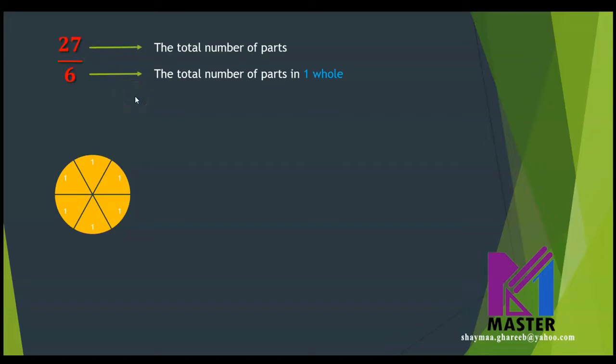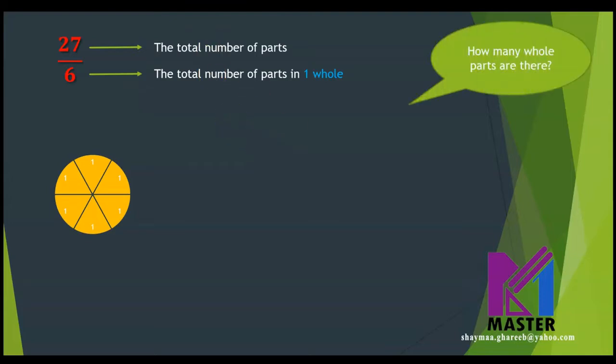It shows us the total number of parts altogether. If I asked you how many whole parts there are, which means how many 6s there are, because each one whole has 6 parts and we have 27 parts in total, I need to know how many 6s are there in the 27.